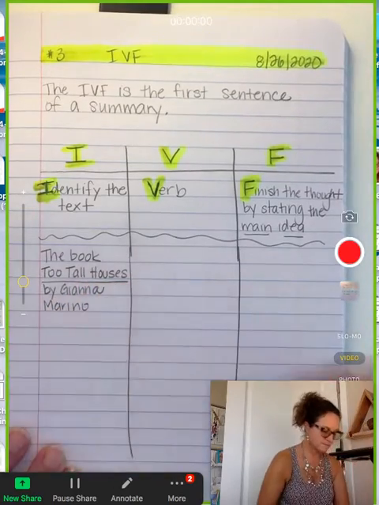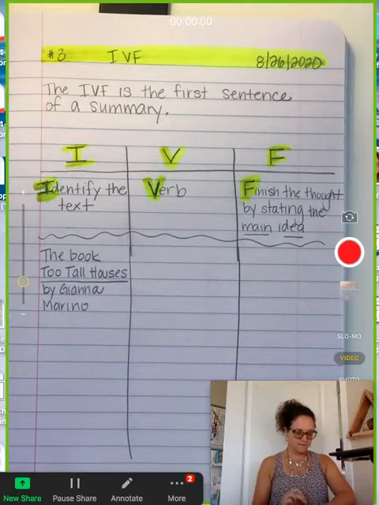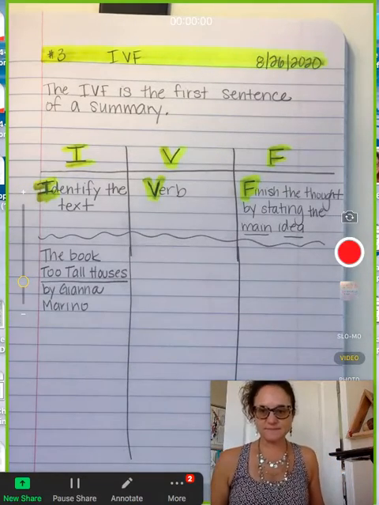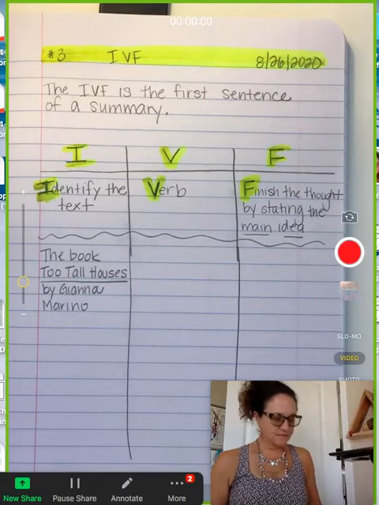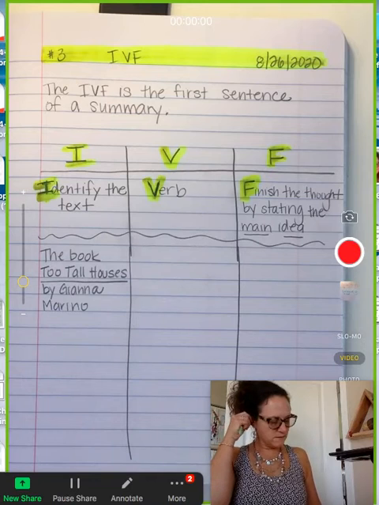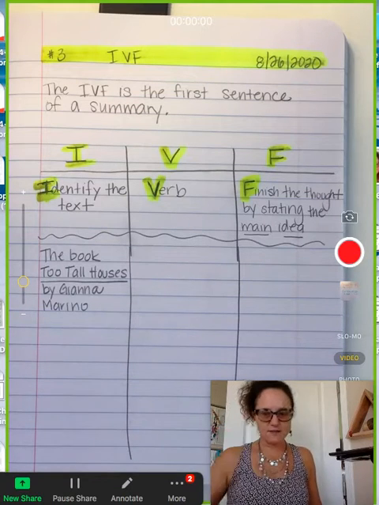Okay. And that is our identify part of our IVF. What is the IVF again? Oh yeah, it's the first sentence of a summary.